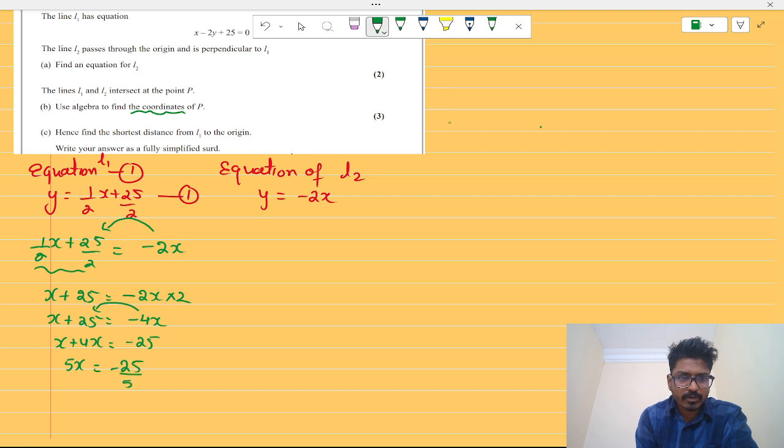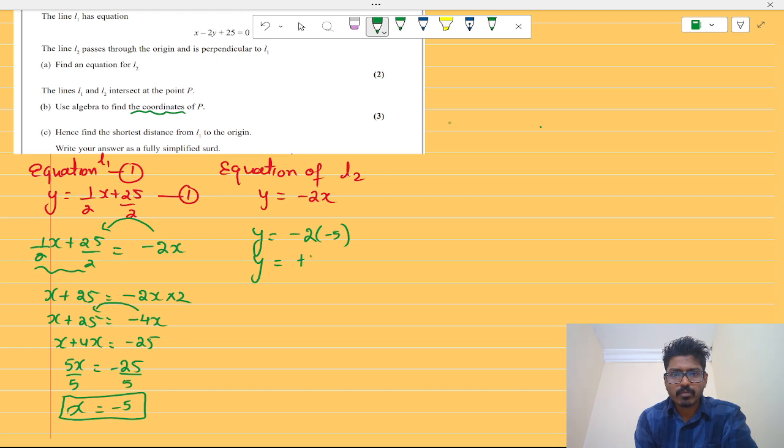Dividing by 5 on both sides, we get x is equivalent to negative 5. Plugging it into one of these two equations, we can find y. Substituting the value of x, which is negative 5, y is equivalent to positive 10.